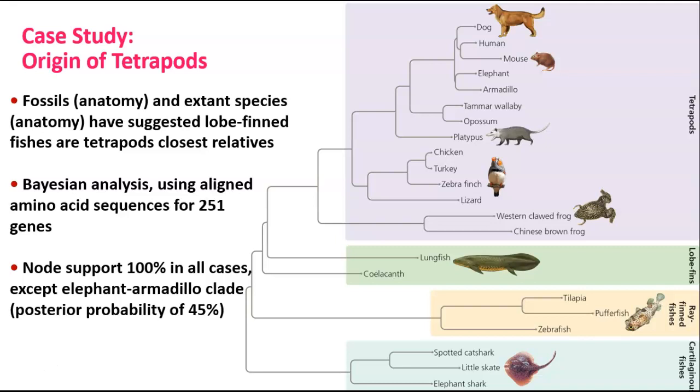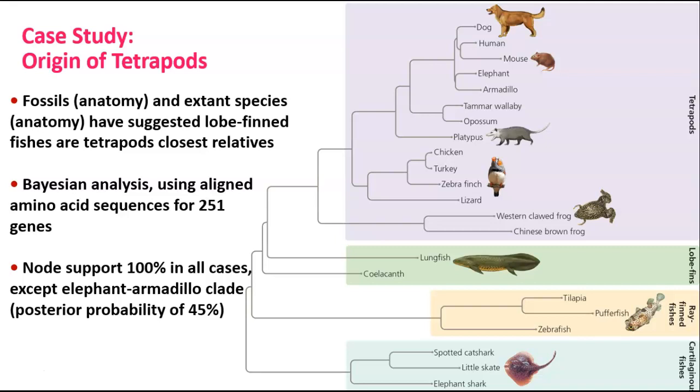And we have a hypothesis from anatomy, including fossils and extant or living species. These anatomical studies have suggested, and this was reviewed in an earlier chapter, that the lobe-finned fishes are tetrapods' closest relatives. So what does the molecular data say?